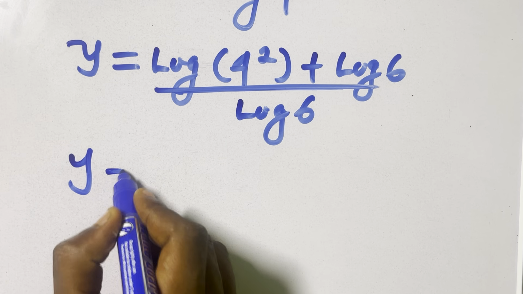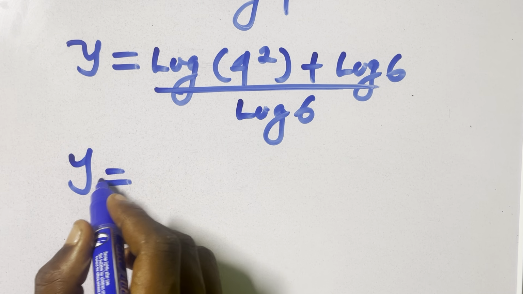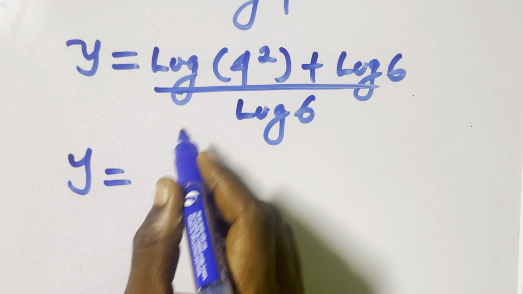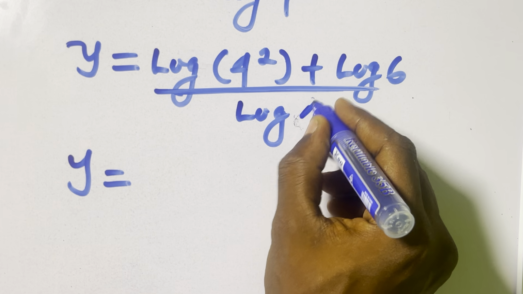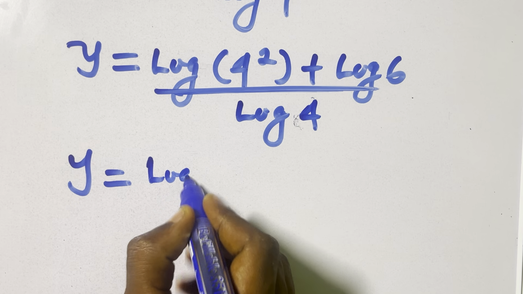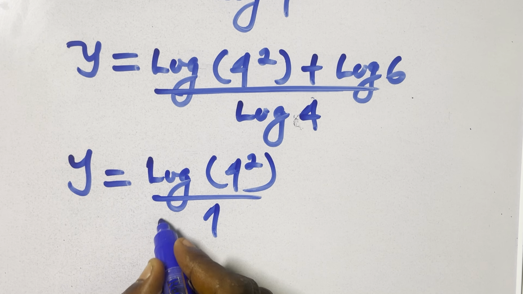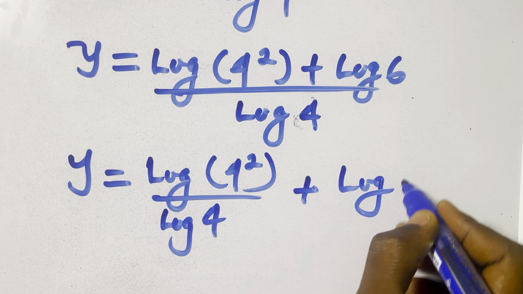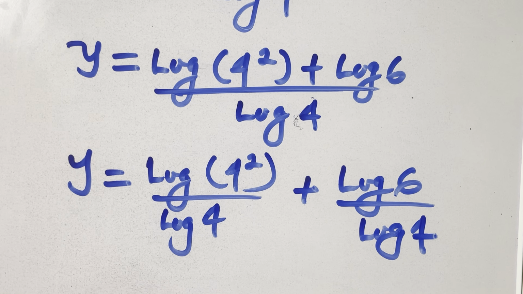Alright, so then we will have y equals, here we have log 16, this is log 4 raised to power 2, divided by log 4, plus log 6 divided by log 4.